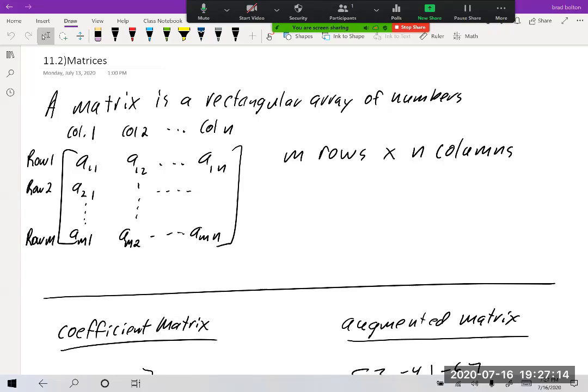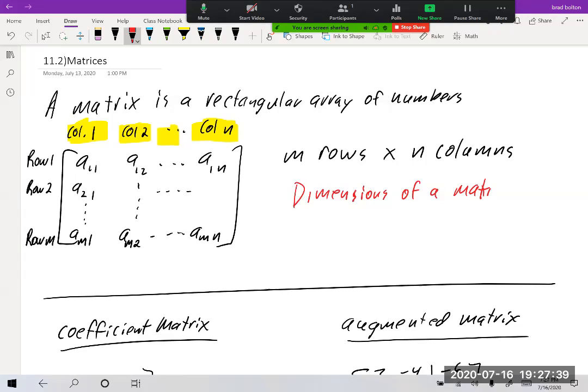So a matrix is just a rectangular array of numbers, and we line them up in this way. So we have column 1, column 2, column 3, column 4, and so on, and then column n. We name our matrices by their dimensions normally. The dimensions of a matrix mean how many rows by how many columns.